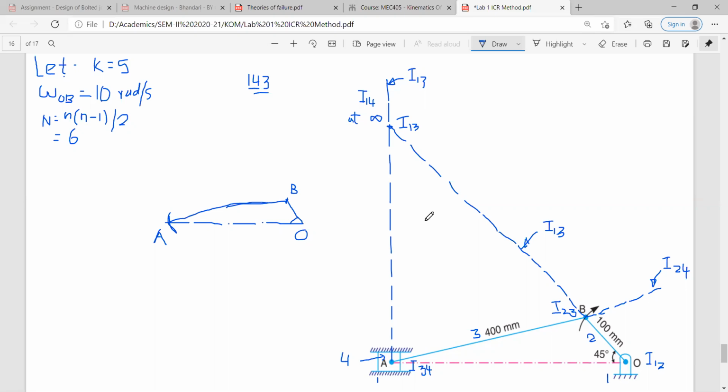Yes, sir. Okay. So we have located the fifth ICR. I13 पता चल गया हमें, 4 तो पता थे, अब ये 5वां भी हमें पता चला है. Okay.